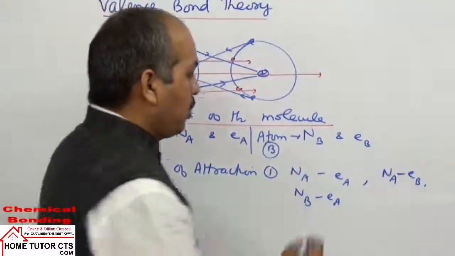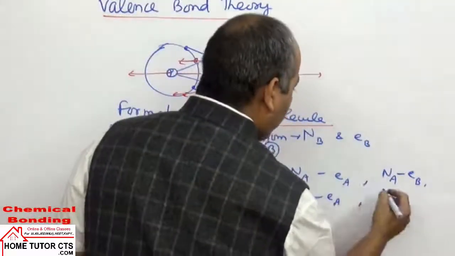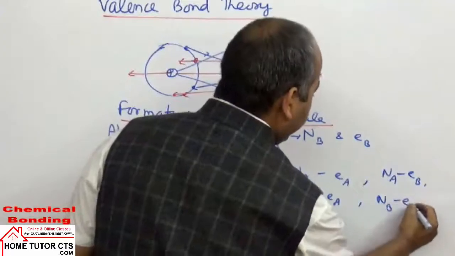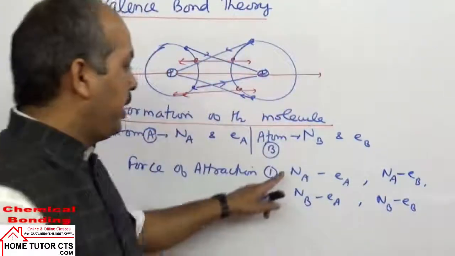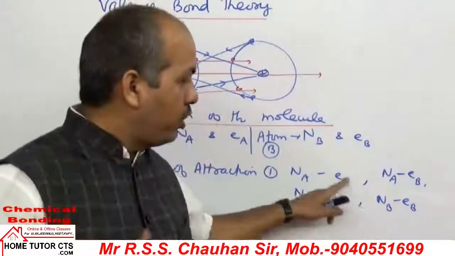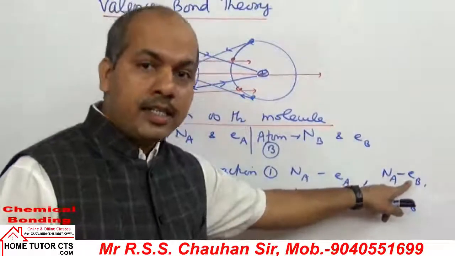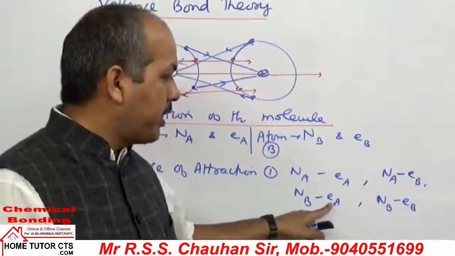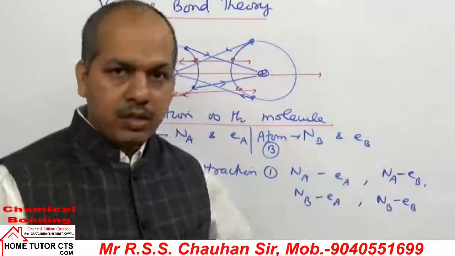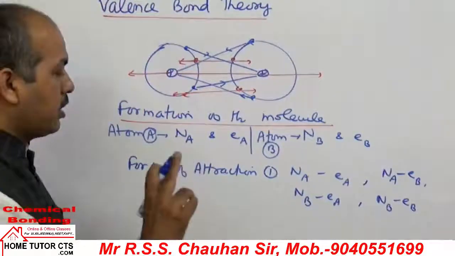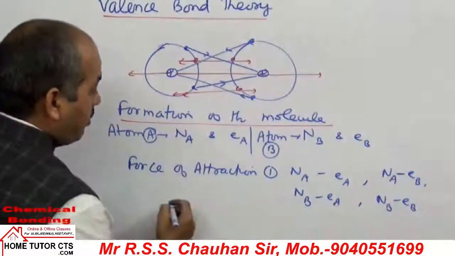The nucleus of each atom attracts its own electrons, and the nucleus of one atom attracts the second atom's electron. Nb attracts electrons of A, or Na attracts electrons of B atom. These are attractive forces.